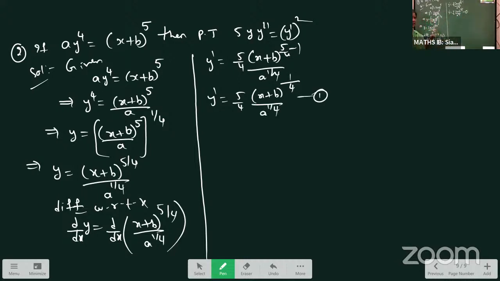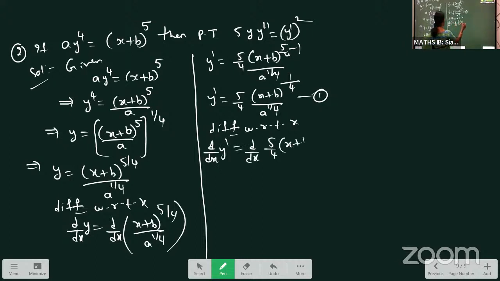By taking this, again differentiate because we want y double dash in the answer. Differentiating with respect to x, d by dx of y dash is equal to d by dx of 5 by 4 into (x plus b) to the power 1 by 4 by a power 1 by 4. So 5 by 4 as it is.